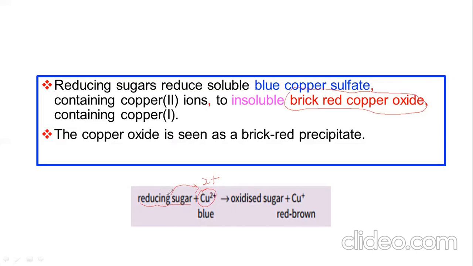The reducing sugar loses electrons, which means the reducing sugar becomes oxidized, as I gave you the example of A and B. This copper with 2 plus needs 2 electrons, but here it gets 1 electron from the reducing sugar, so the valency becomes only plus.